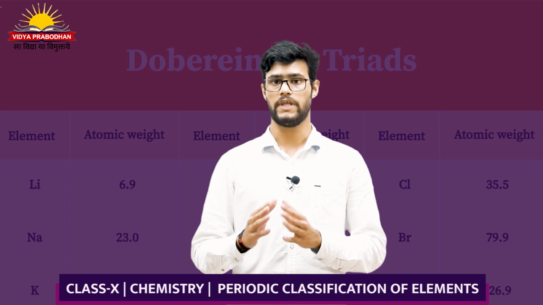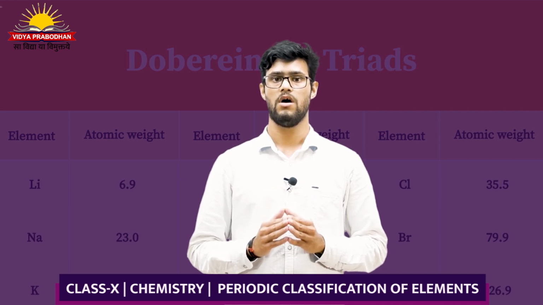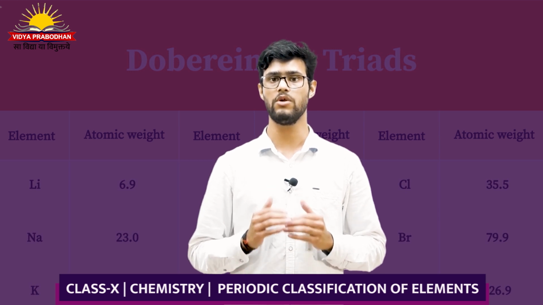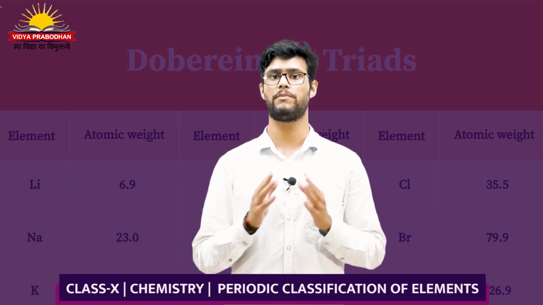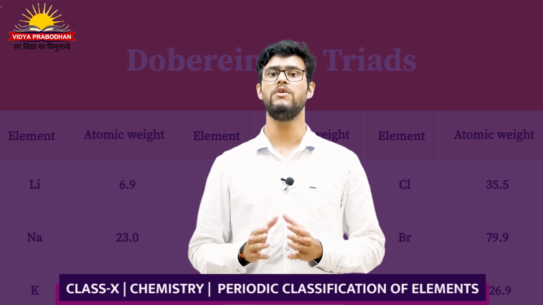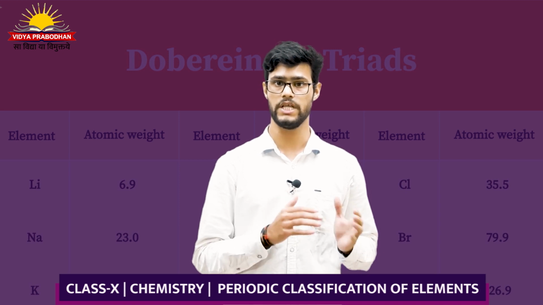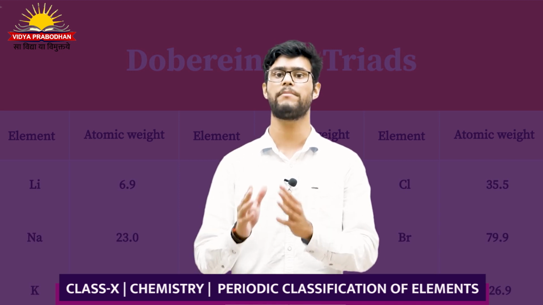These groups of 3 elements were called triads. All 3 elements of a particular triad have similar chemical properties. In fact, Dobereiner was the first scientist to show the relationship between the properties of elements and their atomic masses.